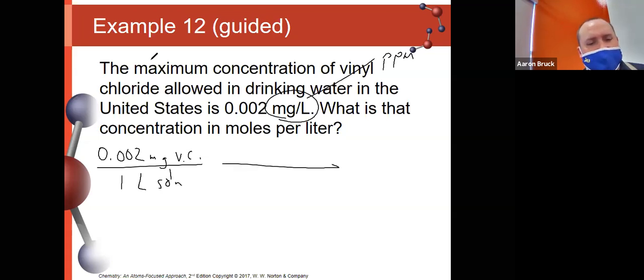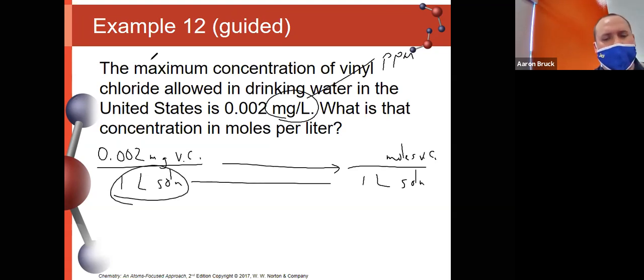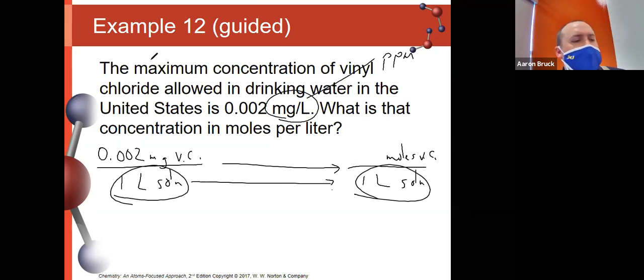We want to take this to moles of vinyl chloride per liter of solution. Notice that our denominator is not changing here. All that needs to change is the numerator.